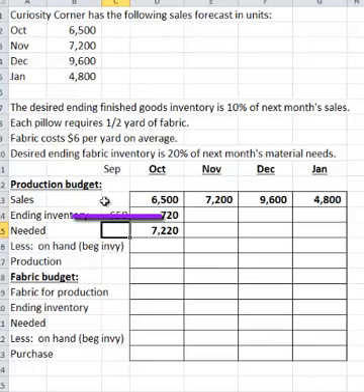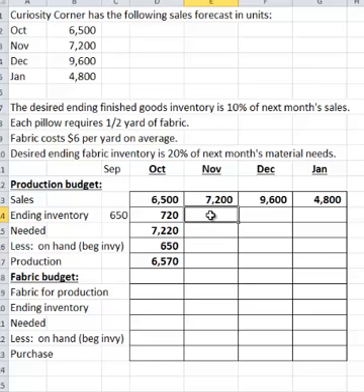So the ending for September is the same as the beginning for October. Okay, and then production would be what we need minus what we have on hand. So that's what we need to produce.